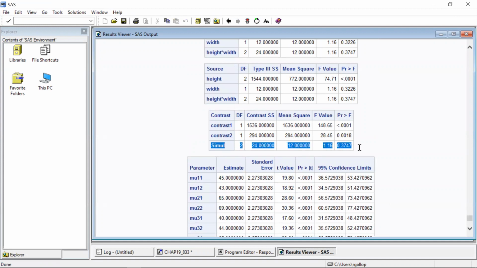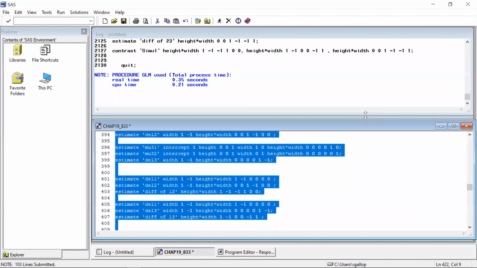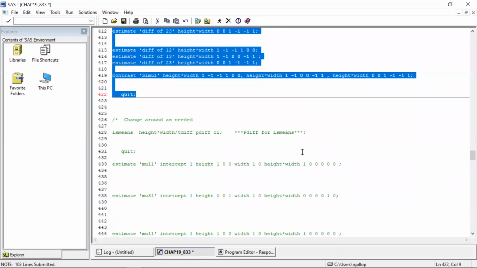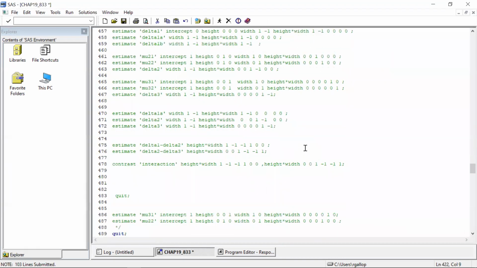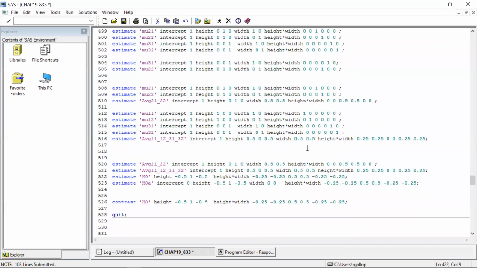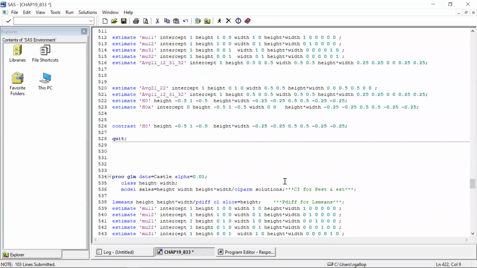That simultaneous contrast gives a p-value of 0.37, which happens to equal the p-value for the interaction. So again, the contrast can really do a lot for us as we start moving forward.